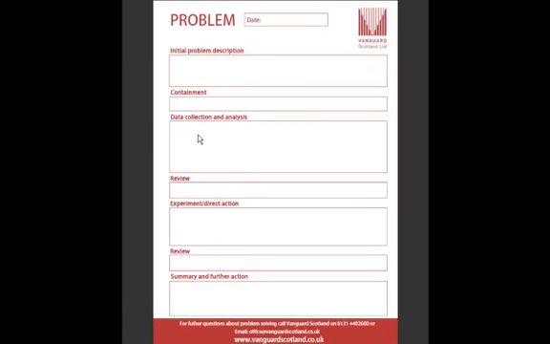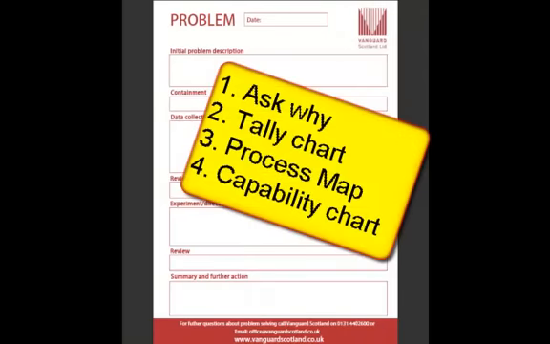Next box is data collection and analysis. Again, we're now going to gather data and try to understand the root cause of the problem. There are about 4 different methods of doing this. Method number 1 is a simple cause and effect, where you're asking the question, why does this happen? And you continue to ask why until you get to the root cause.